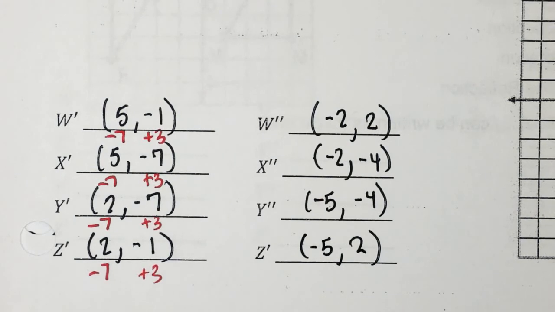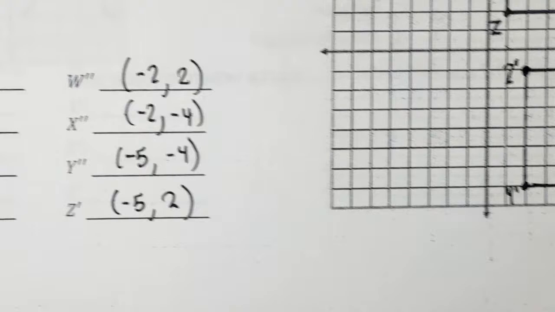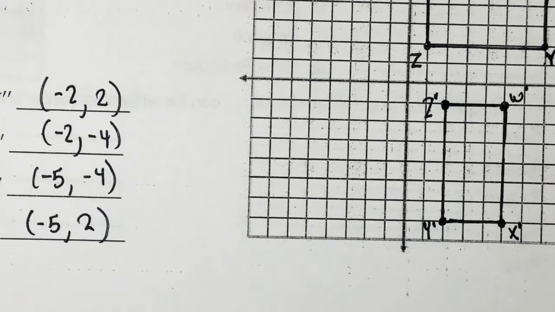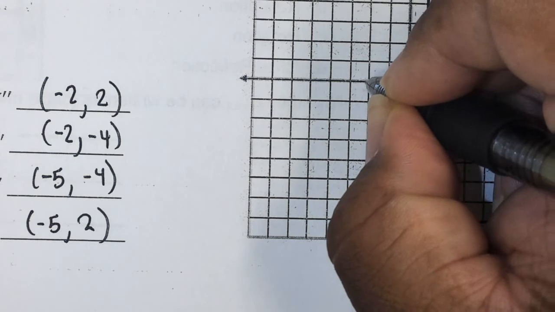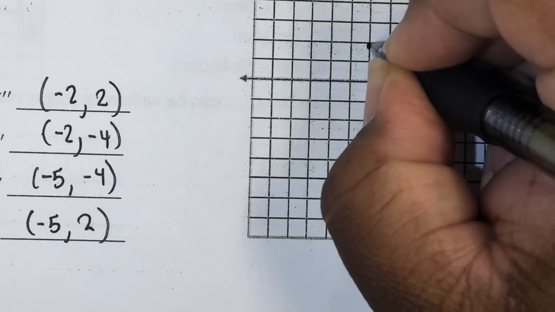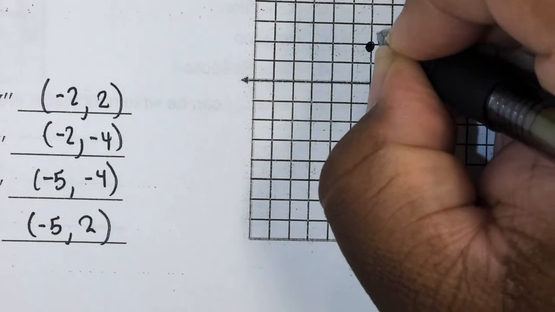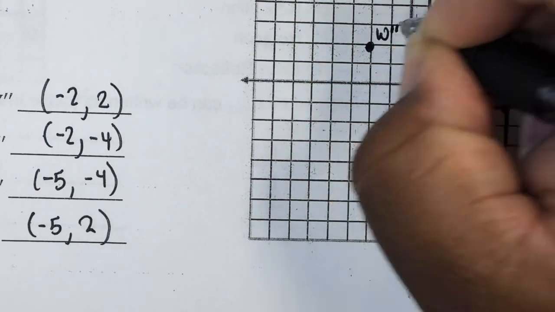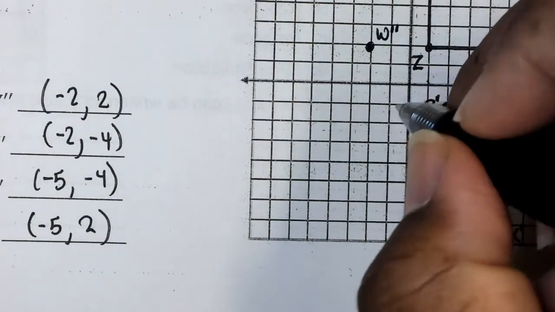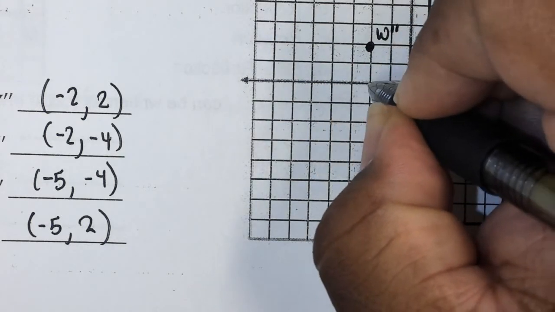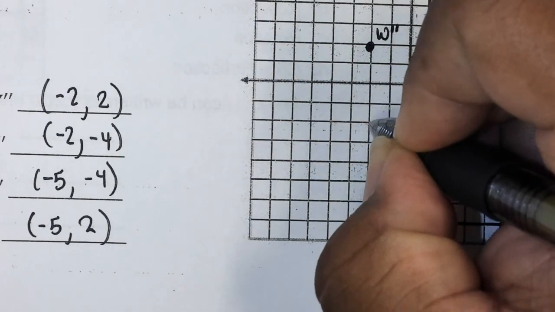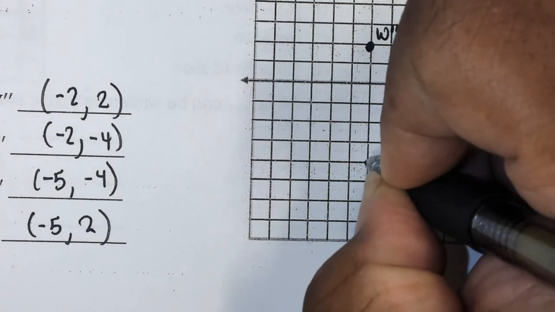With me doing my calculations, graphing. So -2, 2. That's W prime, or W double prime. Negative 2, negative 4, 1, 2, 3, 4.